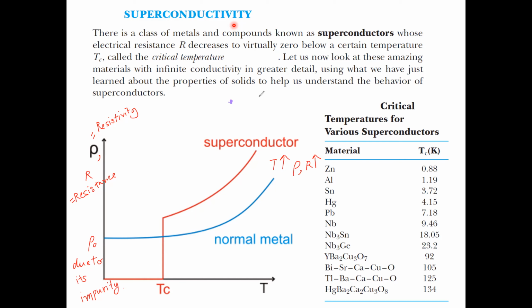Assume my purple dots here are lattices, right? And at higher temperature, an electron wants to move from one side to another side.